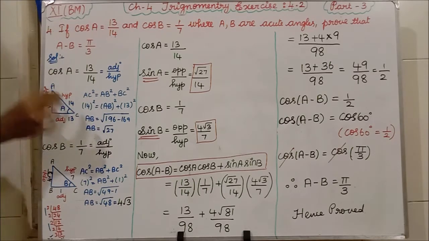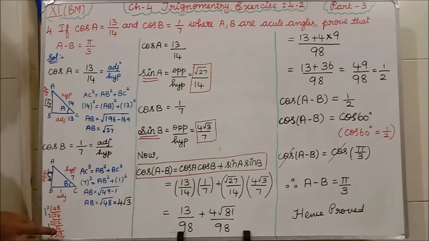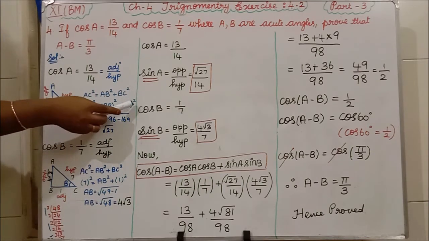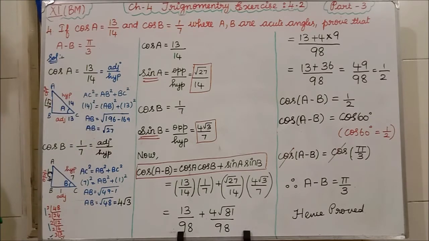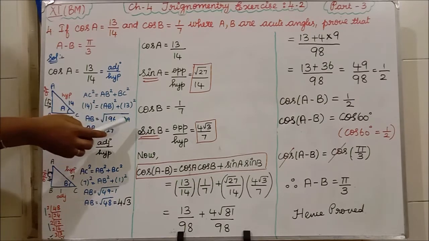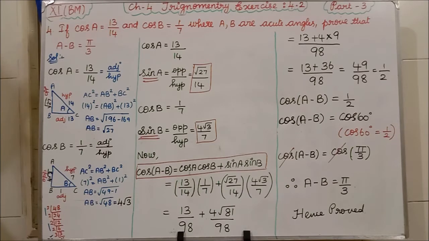For the main work, what is the AB value? Similarly here, what is the AB? What is the opposite? That value only is the main value. Now 14 square, and this side 13 square will come, it will become minus. 14 square is 196. 13 square is 169. After subtracting, we get the answer root 27. Will you be able to take the root? No. So I am just writing root 27 itself.